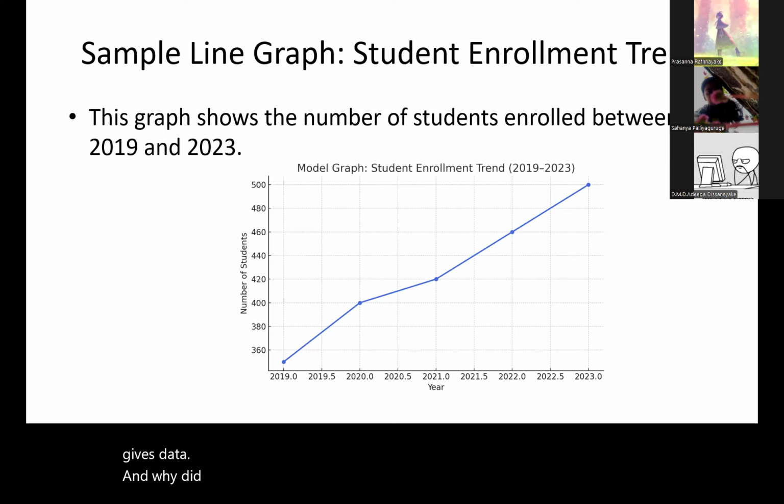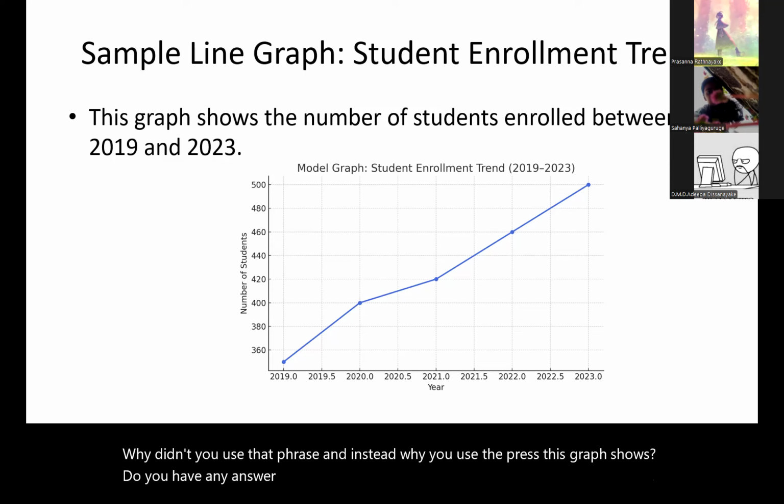Why didn't you use that phrase and instead why you use the phrase this graph shows? Do you have any answer for this? Adiba?